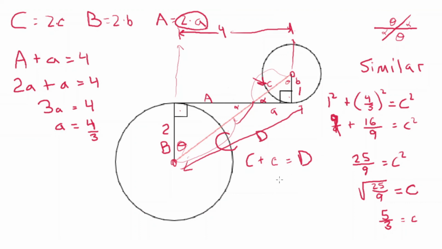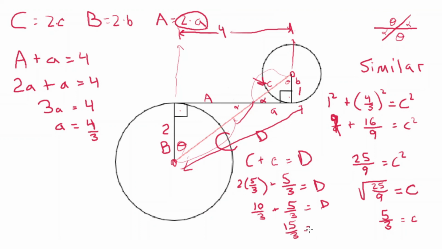Okay. Big C is 2 little c's. So I'm just going to plug that in right away. Ready? 2 times 5 over 3 plus 5 over 3 equals the big distance we are in search of. And that is 10/3 plus 5/3 equals D. Oh my goodness, I'm close.